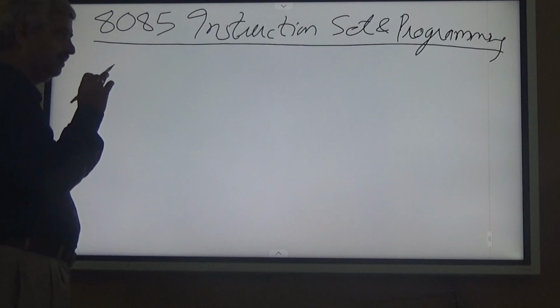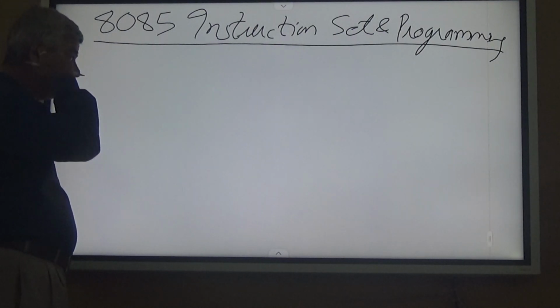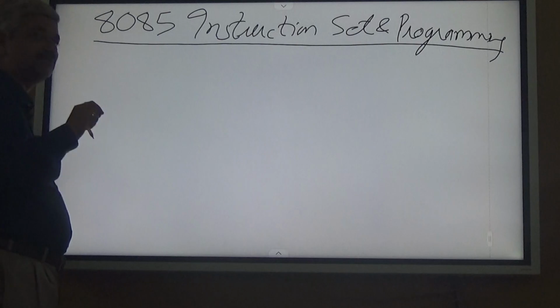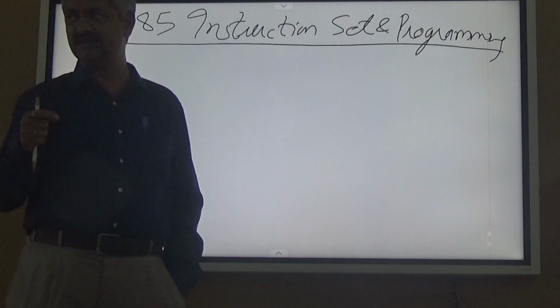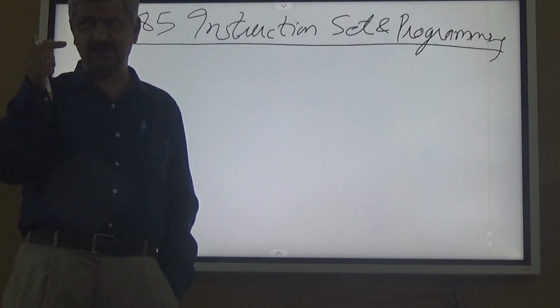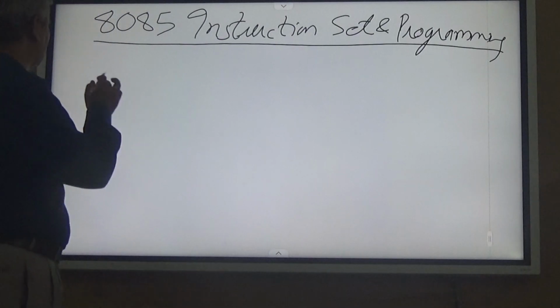So I write a problem statement. The problem statement is addition of two 16-bit numbers. Obviously, in the problem statement, the source should be given, two sources and destination. So what kind of program?